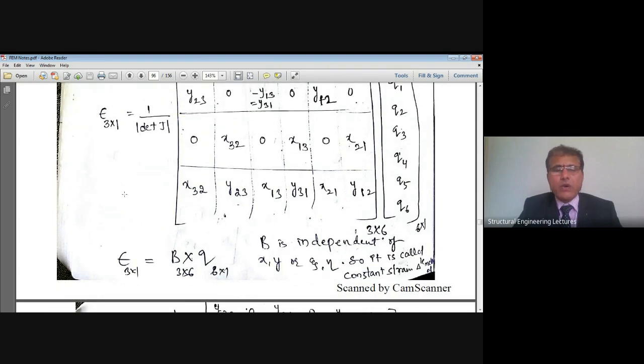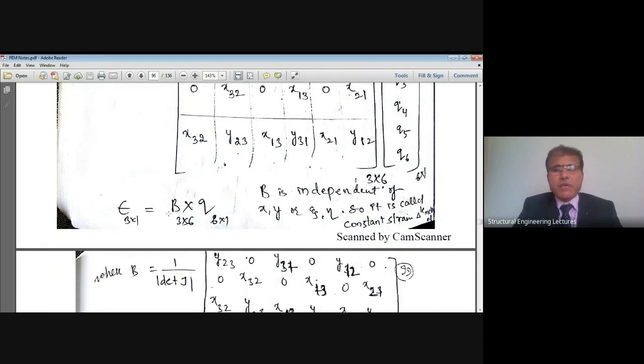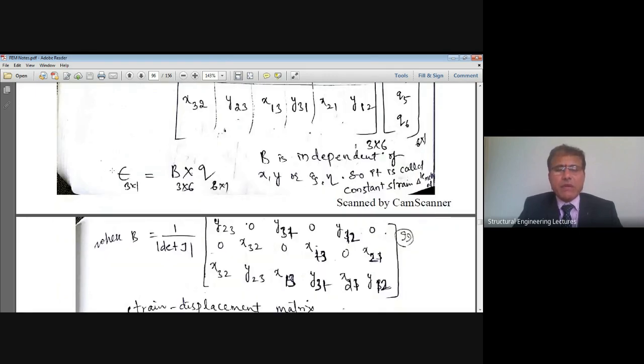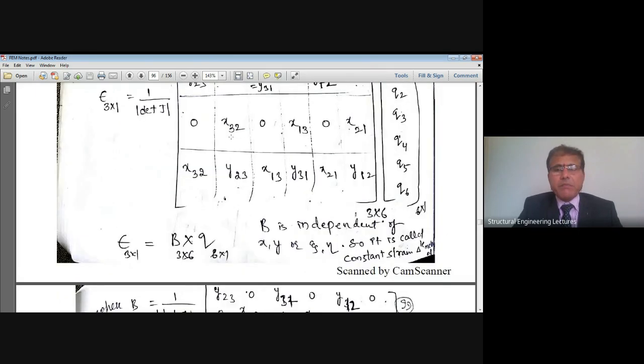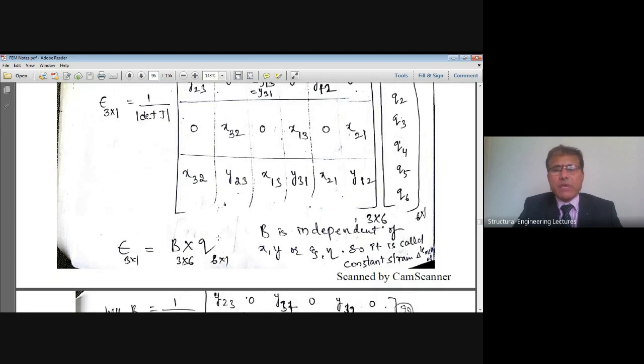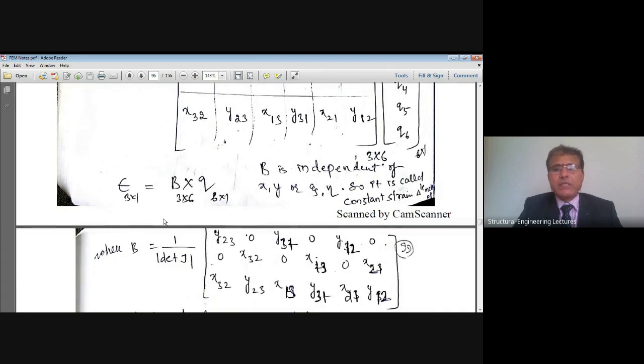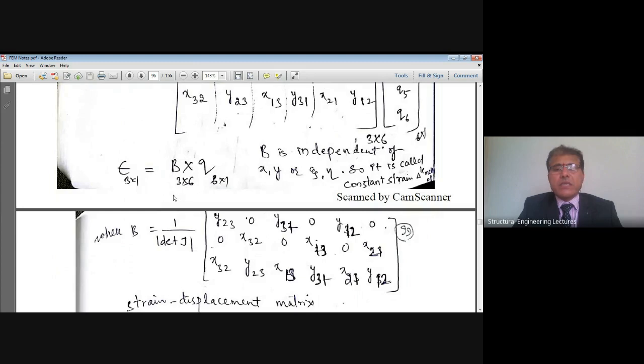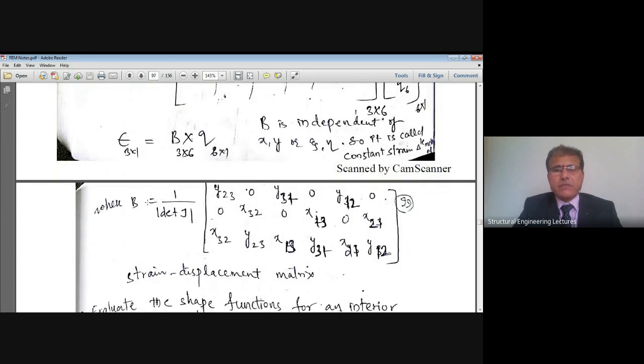And so now I do have this strain displacement relationship given by the epsilon 3 by 1 vector, which is given by this B matrix, which is 3 by 6, operated upon the Q 6 by 1 vector, where B is called the strain displacement matrix.